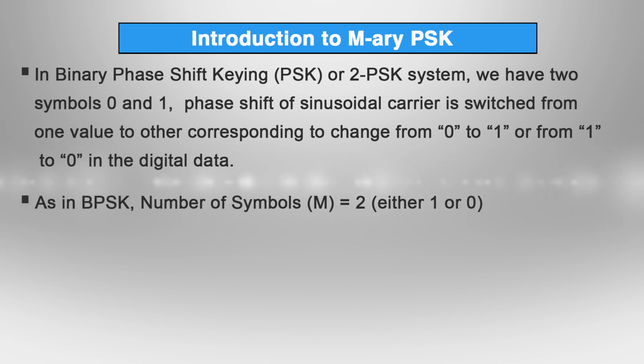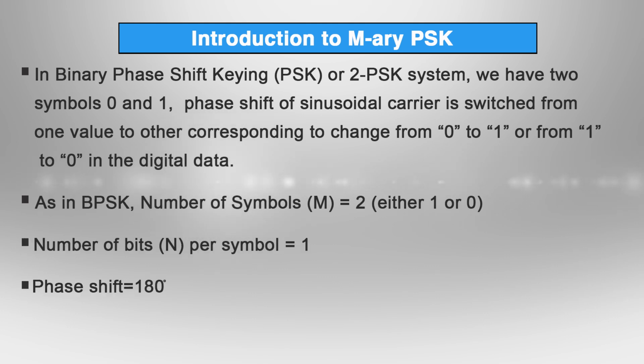As in BPSK, the number of symbols M is equal to 2, either 1 or 0, and the number of bits n per symbol is equal to 1, having a phase shift of 180 degrees.